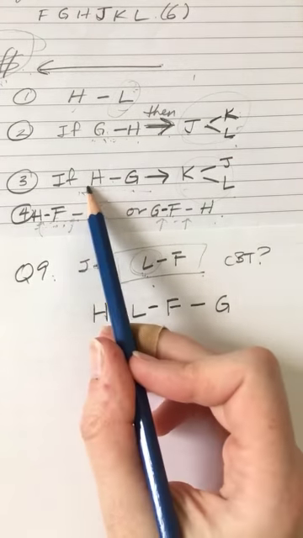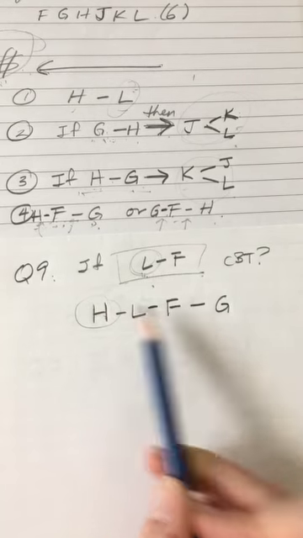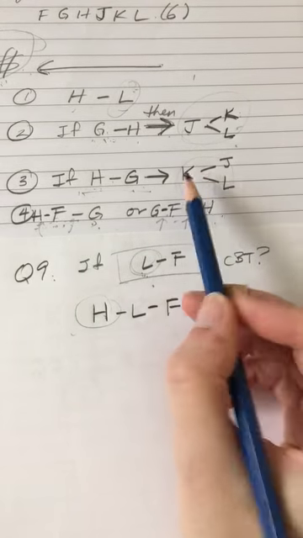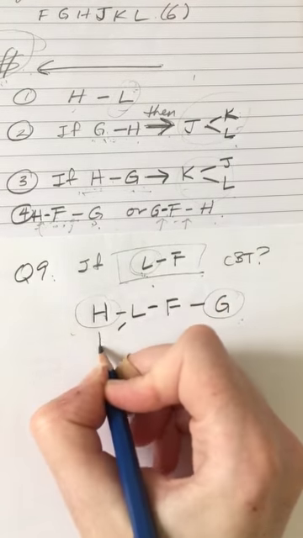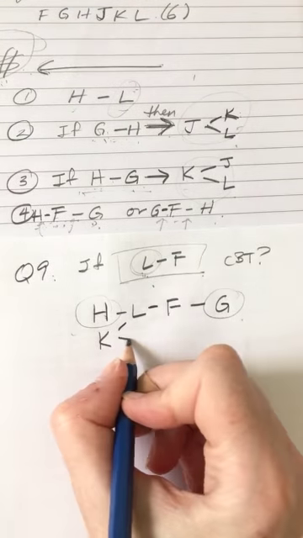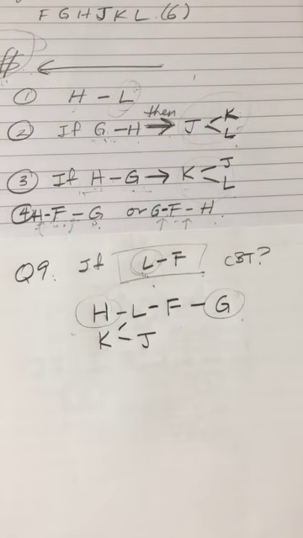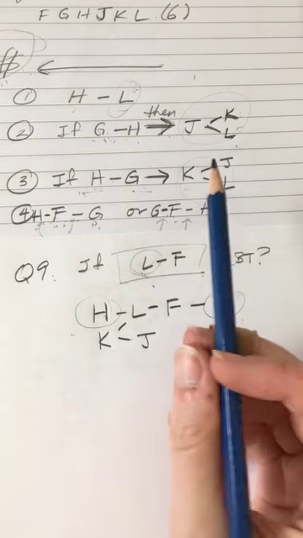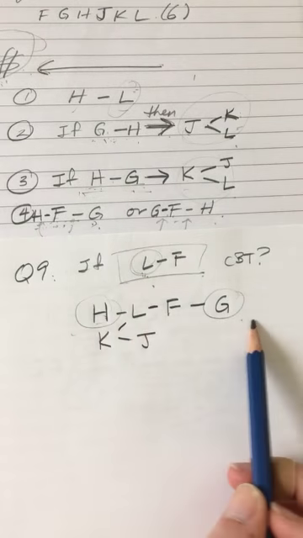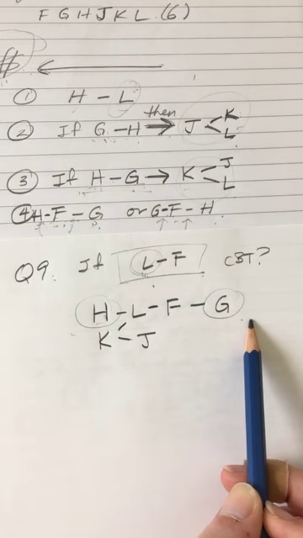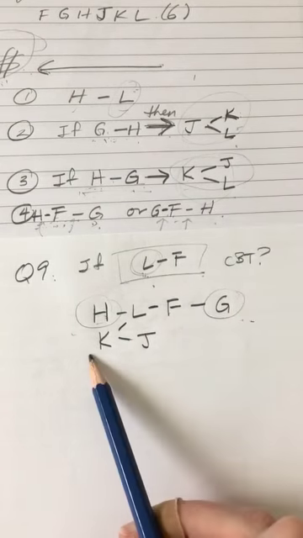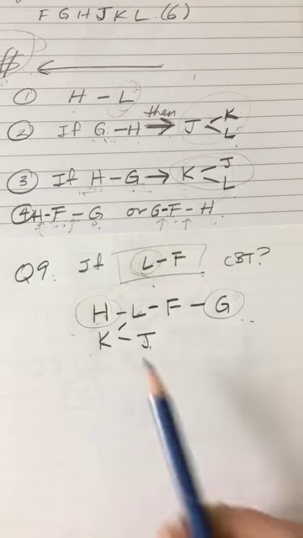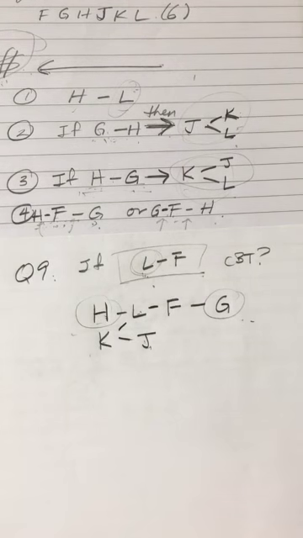And we can see that H is more expensive than G, which means that K has to be more expensive than L, and K is also more expensive than J, right? So this is our world, right? So we know that H is more expensive than G, and therefore we know that K is more expensive than J and L, right?